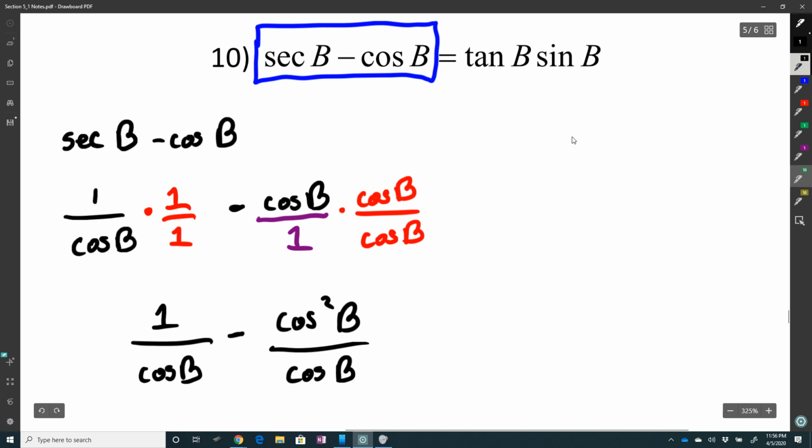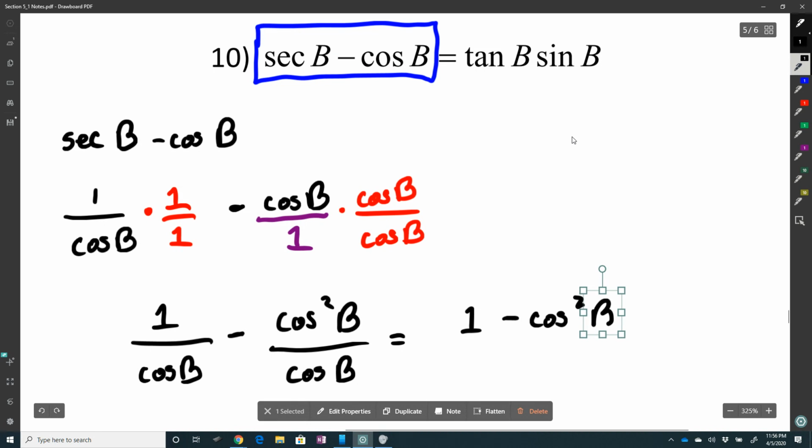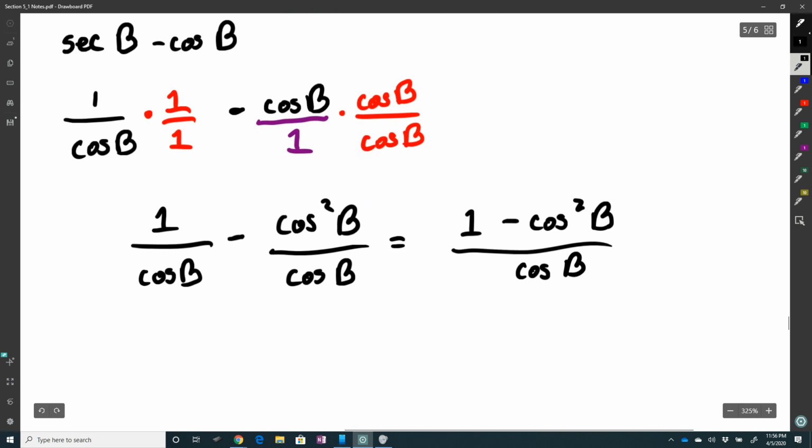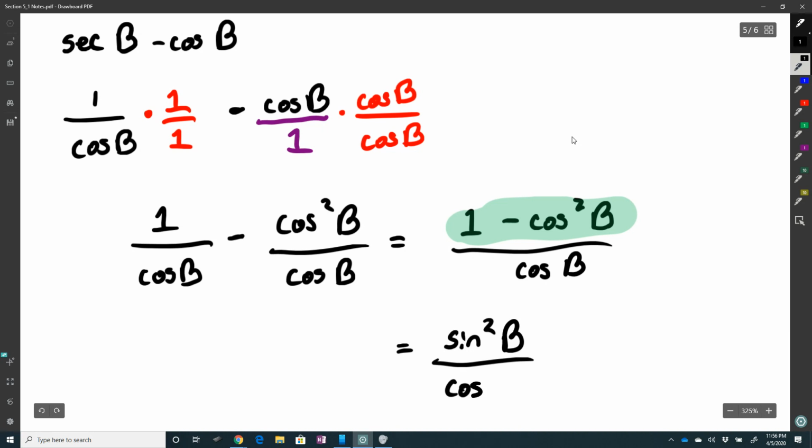And you may notice that the numerator already has that 1 minus cosine. So I have 1 minus cosine squared b over cosine b. 1 minus cosine squared, this is where the trig identity comes in, is sine squared. And then from there, you can kind of break it apart.